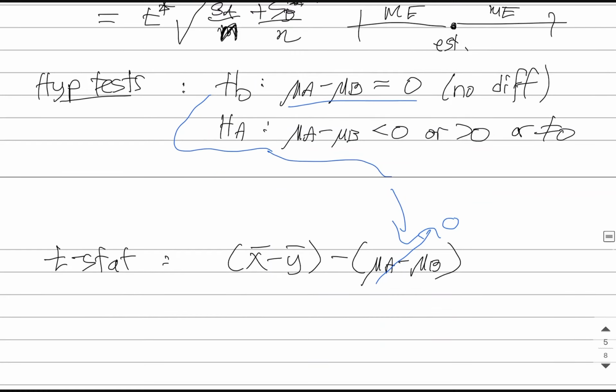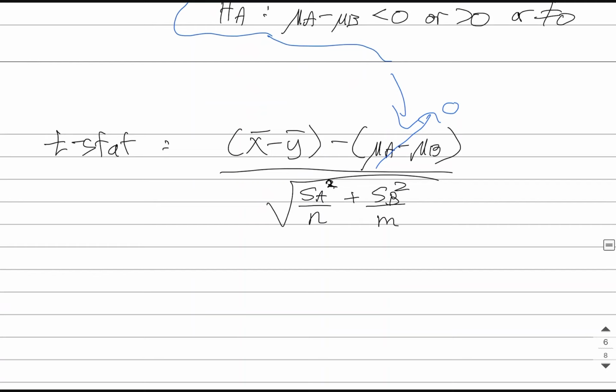And then you have to divide by the standard error. And in our case, the standard error is just like we had before. It's the standard deviation of your sampling distribution. So once you've got this, the procedures are identical to what we did before.